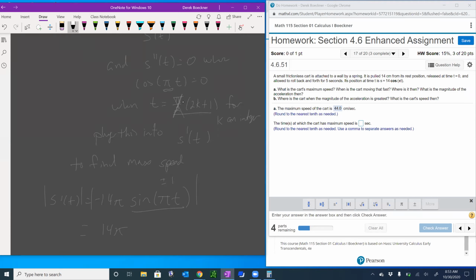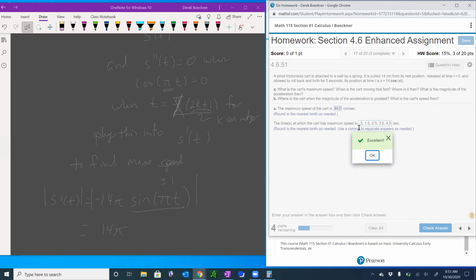So I just get rid of that. I just want the over 2. So yeah. Half, 1.5, 2.5, 3.5, 4.5. There we go.